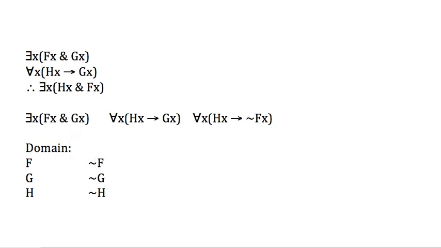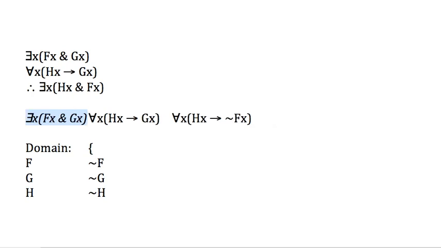So, where do we start? Once again, we have an existential. Once again, so long as there's one thing in our interpretation that's both an F and a G, this formula will simply be true. There'll be nothing more that we'll need to say about it.